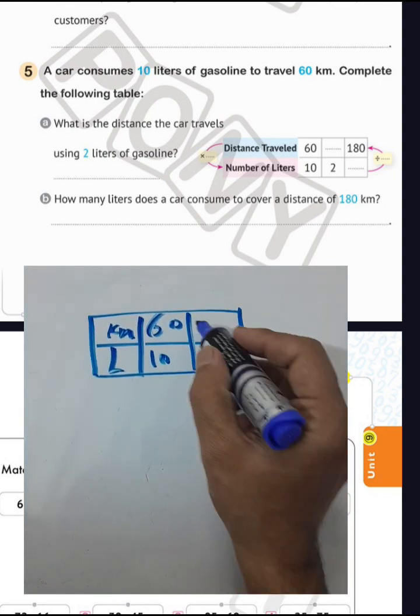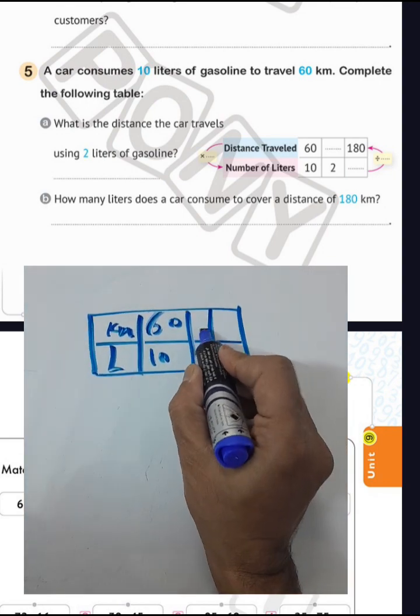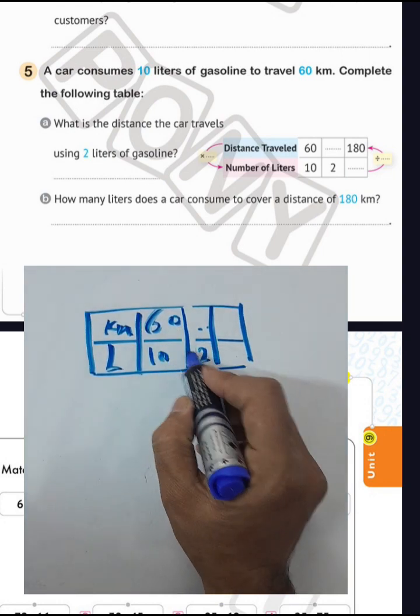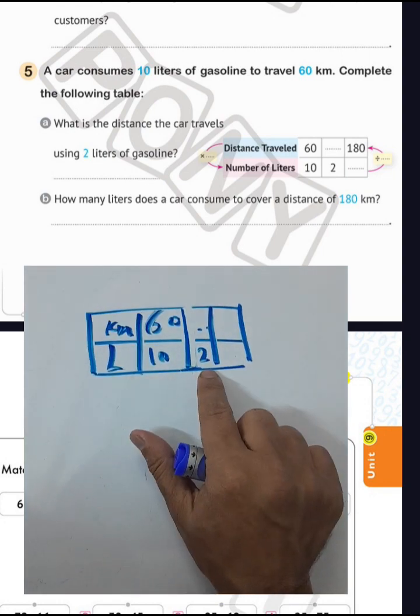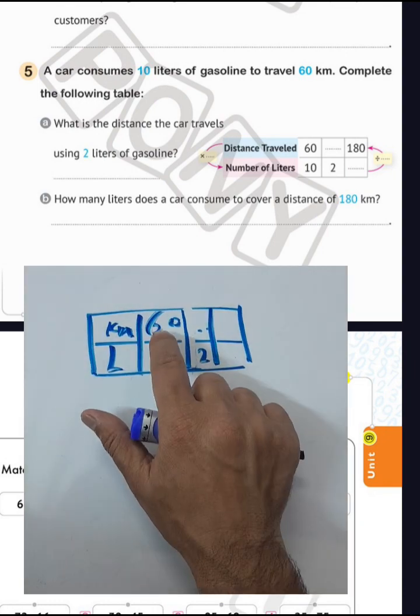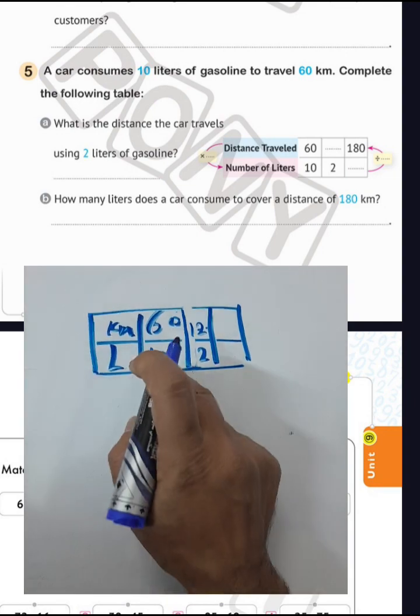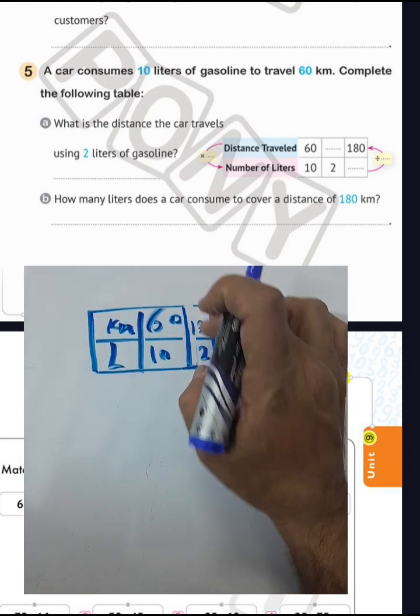And if we use 2 liters, how much distance? You can tell me: 2 times 60 divided by 10, or 10 divided by 5 equals 2, then 60 divided by 5 equals 12. Okay, 10 times 6 equals 60, then 2 times 6 equals 12.